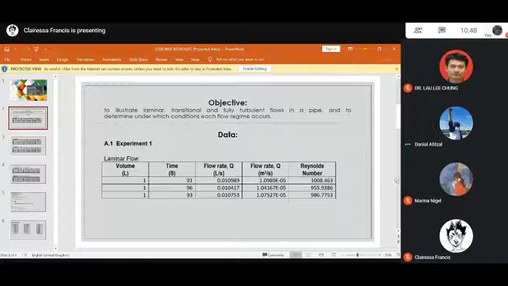The volume is constant, while the time taken from the data is different, and this is the flow rate Q that we calculate from the experiment, in m cube per second, and this is the result for Reynolds number.